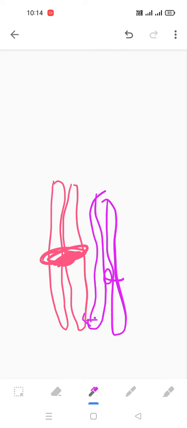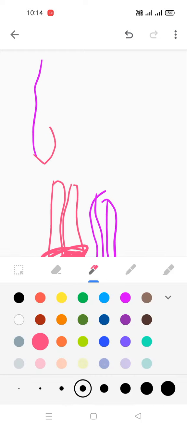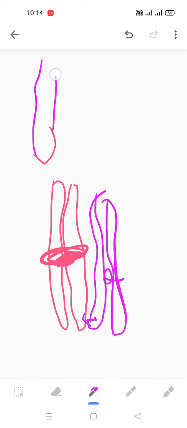So the next will form like this. Like this means the half part of this pink one will attach to this purple one.